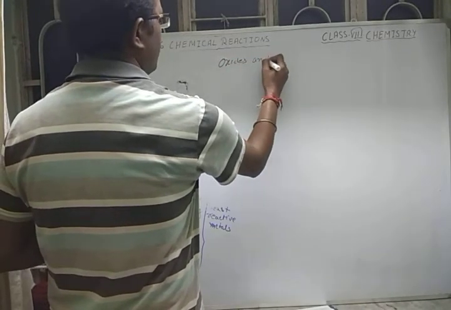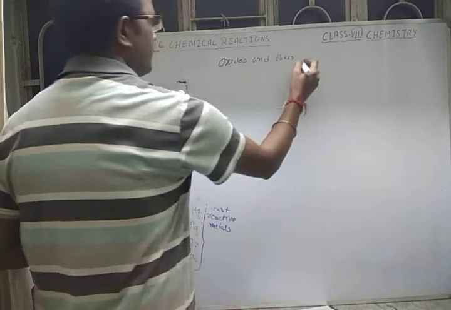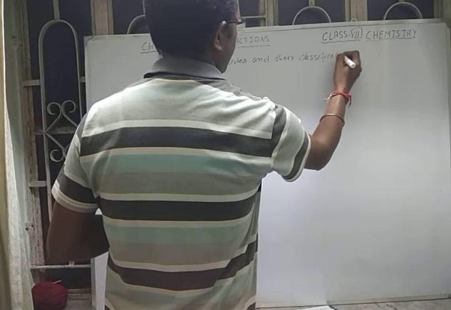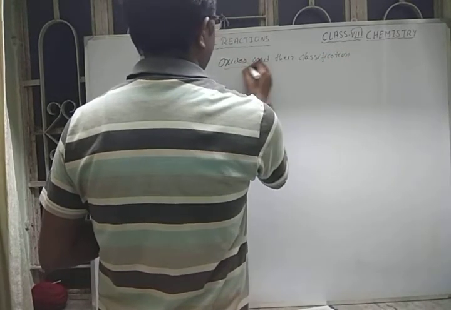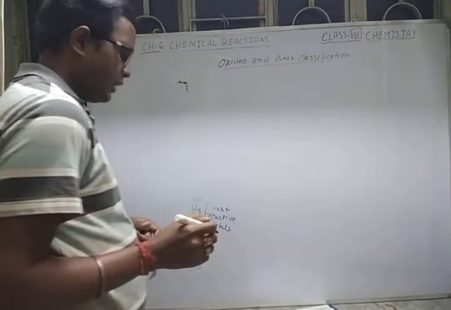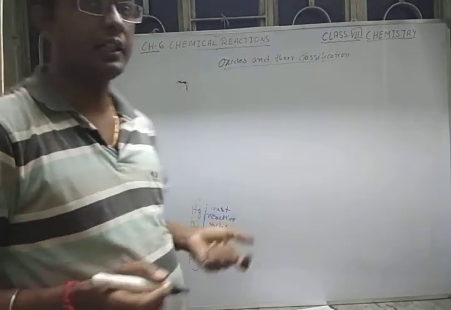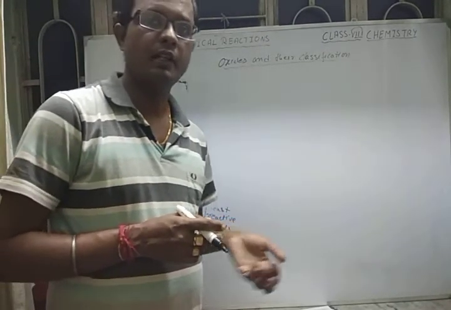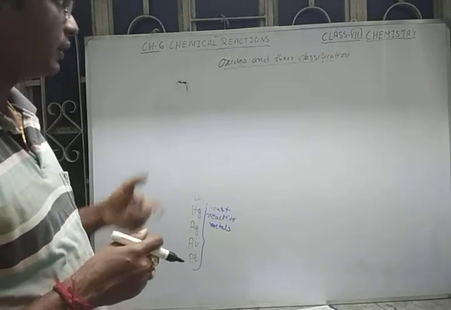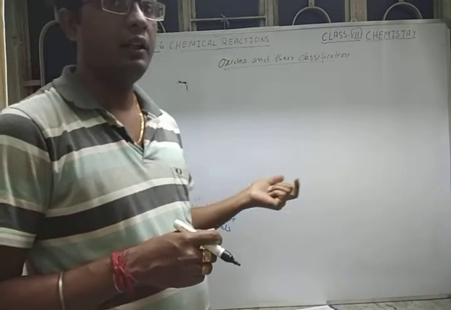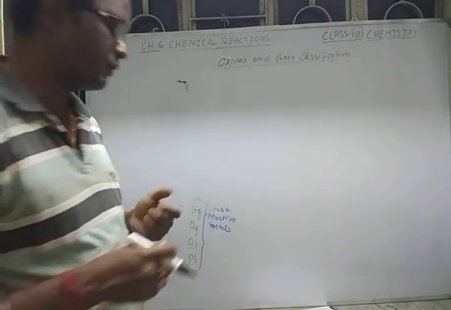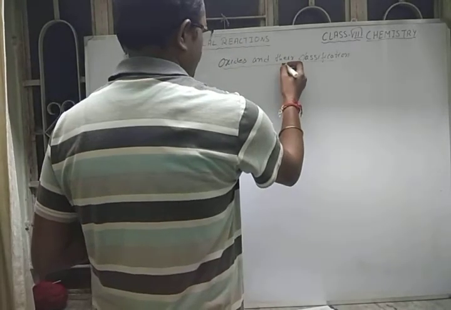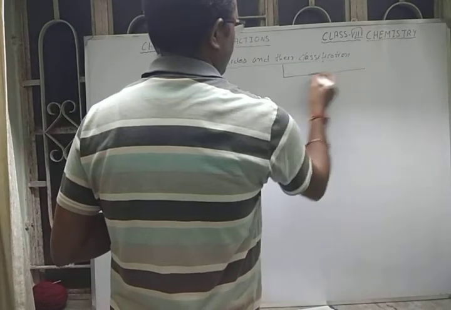Oxides: when metals or non-metals react with oxygen, they form metallic oxides or non-metallic oxides. On the basis of the reaction of elements with oxygen, the oxides are classified into mainly four groups, sorry. One by one we will see.